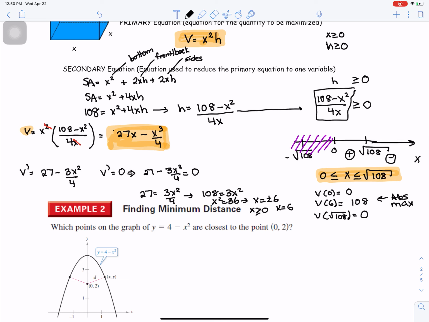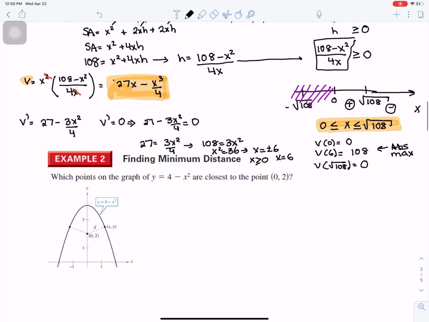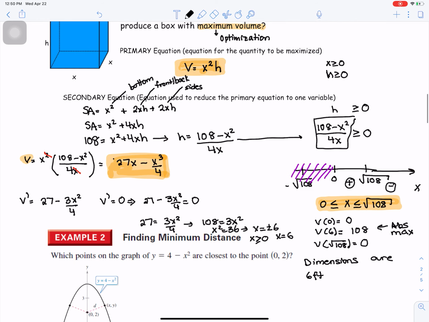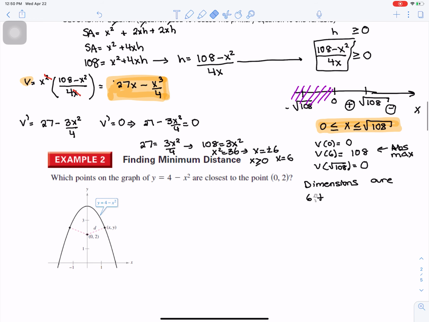Okay, so what are my dimensions? So we're going to just summarize that the dimensions are 6 inches. So that's my x.